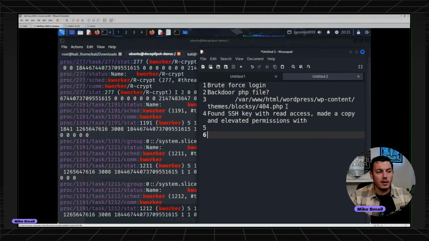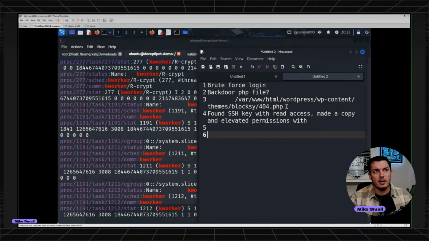So they put that in there, and then they utilized that to get access to the underlying operating system to start doing stuff. When they were in there playing around, they were able to find an unsecured SSH key, so bad permissions there, admin, and then they utilized that in SSH to be able to log in with root.